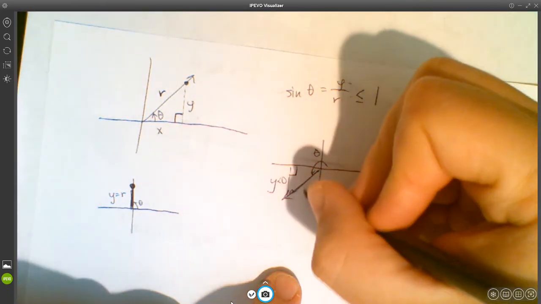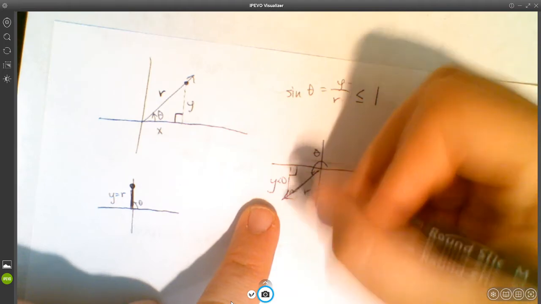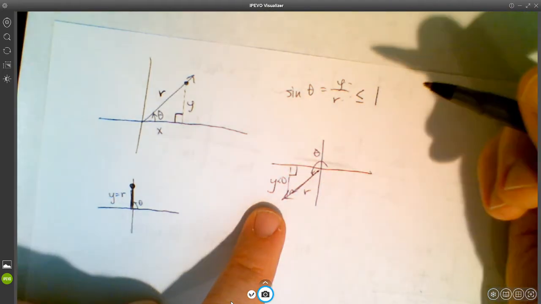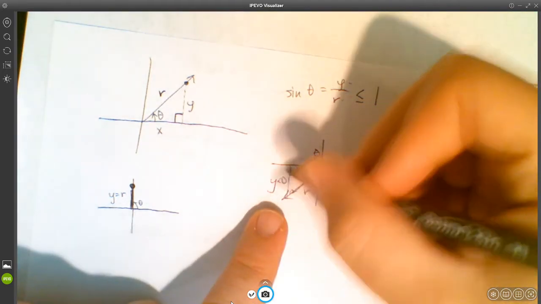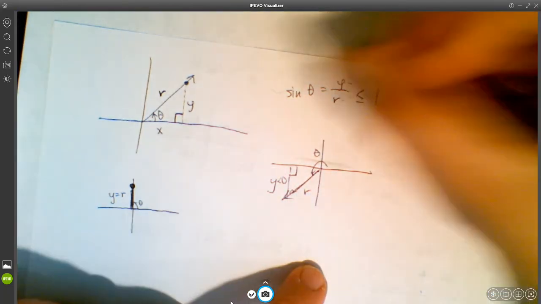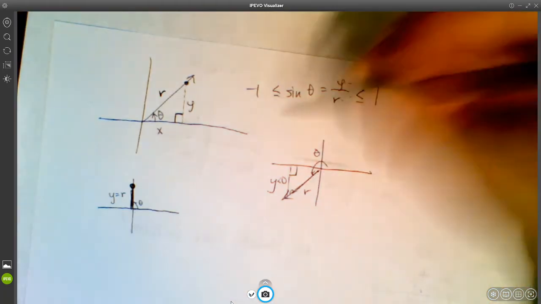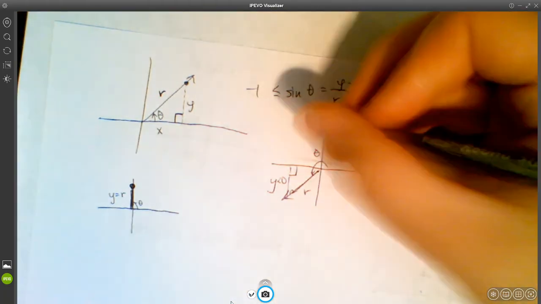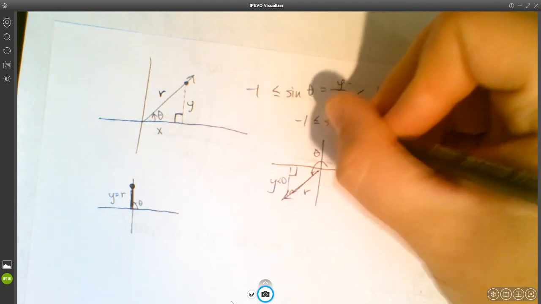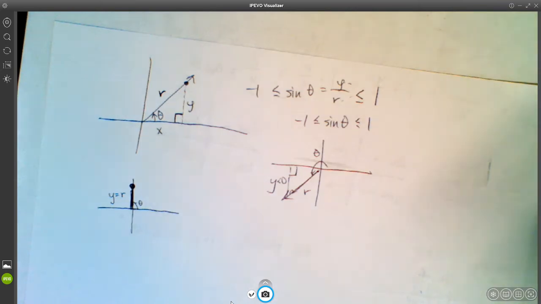But r would still be positive, and the absolute value of y would still be less than r, okay? It's just that you're going to have a negative value. A negative divided by a positive is negative. So consequently, sine theta is going to be bigger than or equal to -1. So in other words, regardless of the value for theta, sine theta has to be between -1 and +1.